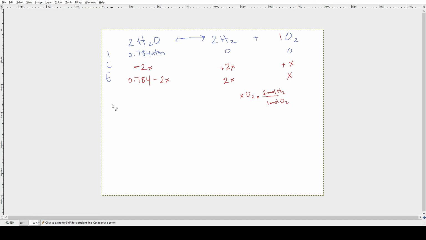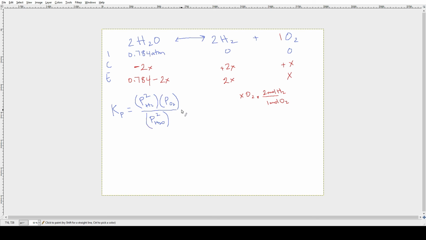So I'll take my K, but this time it's a Kp, because I'm dealing with pressures, not concentrations. I need the pressure of my hydrogen squared, because of this 2 up here, times the pressure of my oxygen over the pressure of my water vapor squared, because of that 2 up there. Cool.